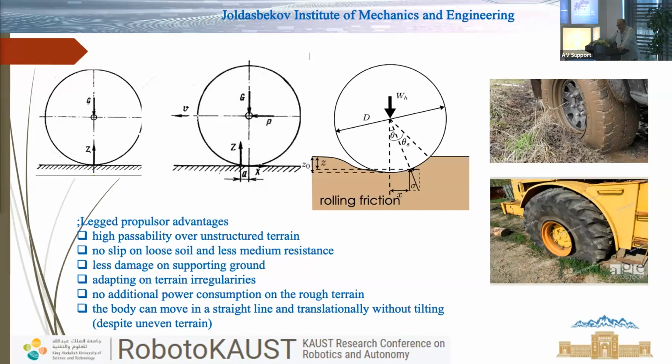And if we provide adapting to terrain irregularities, then no additional power consumption is needed for motion over rough terrain, and the body of the robot can move in a straight line and translationally without tilting despite uneven terrain.